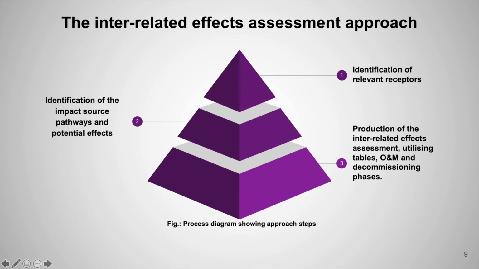First and foremost, it involves identification of relevant receptors from the assessment of significance of effect sections. The second step combines identification of the impact source pathways that can affect the receptor and identification of the environmental statement section where those pathways are described and assessed, with the identification of potential effects on those receptor groups through the review of assessment sections.